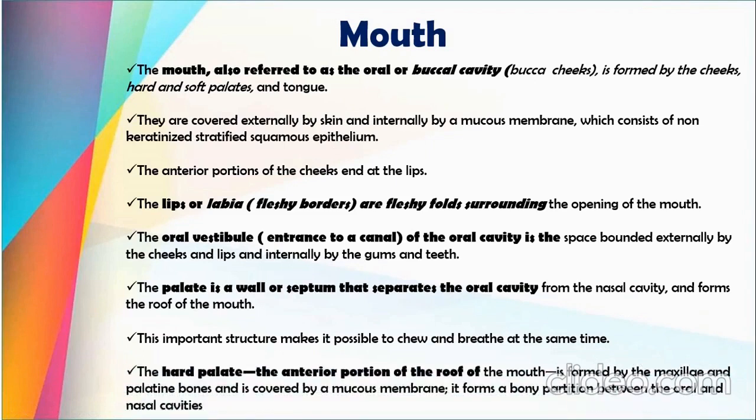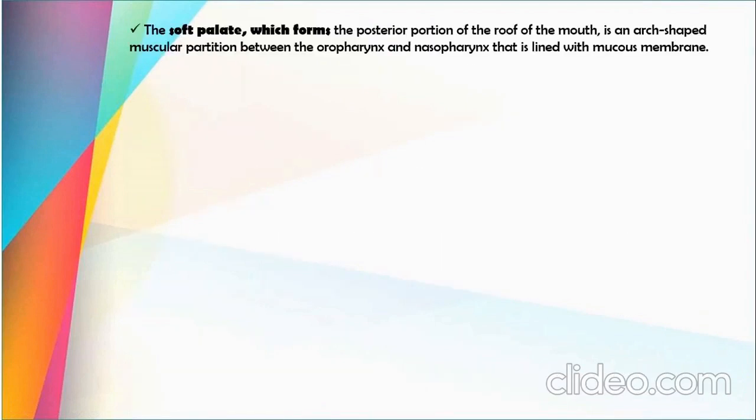The hard palate, the anterior portion of the roof of the mouth, is formed by the maxilla and palatine bones and is covered by a mucous membrane. It forms a bony partition between the oral and the nasal cavity. The soft palate, which forms the posterior portion of the roof of the mouth, is an arc-shaped muscular partition between the oropharynx and the nasopharynx that is lined with mucous membrane.